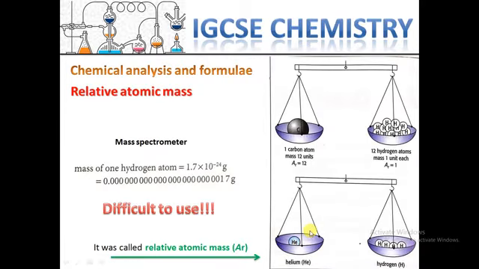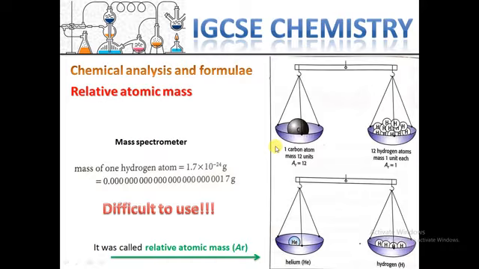So they use this term, relative atomic mass. That means this is only a comparison. It's not the exact mass of the atom. They just measured the hydrogen atom mass and compared it with the other atoms.